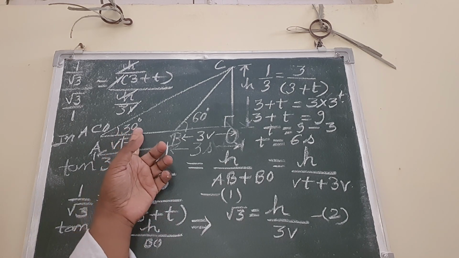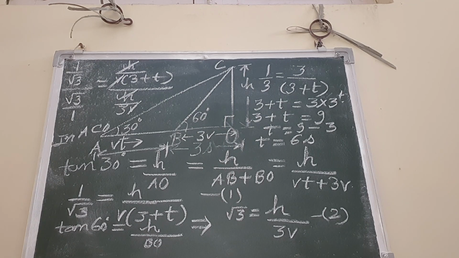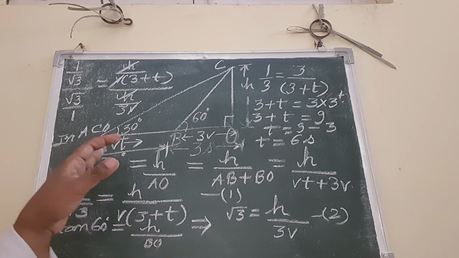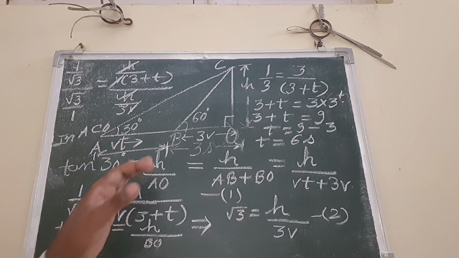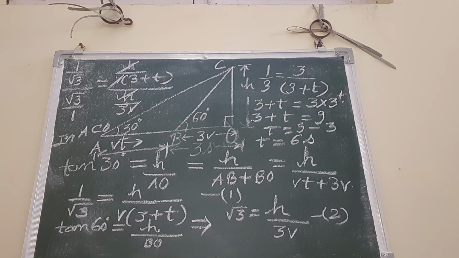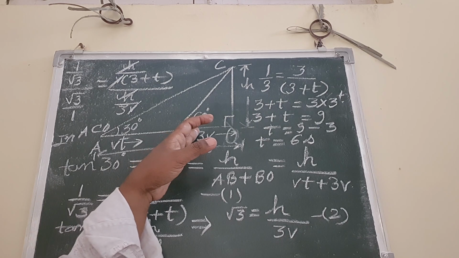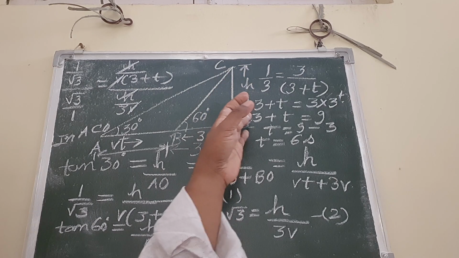It is making an angle of 30 degree with the top of the cliff, and here this point is A, and here it moves closer to the cliff, and it makes an angle of 60 degree from the point B. So here you can see, here the angle is 60 degree and this height is h.